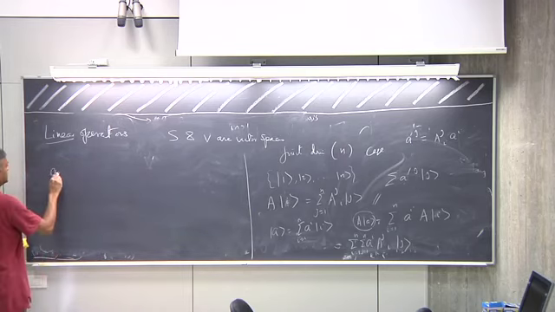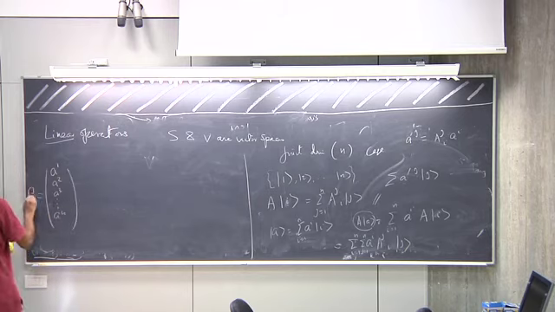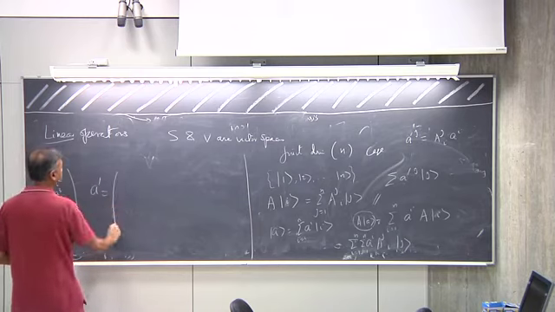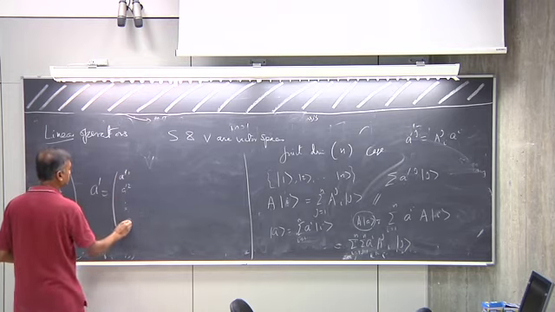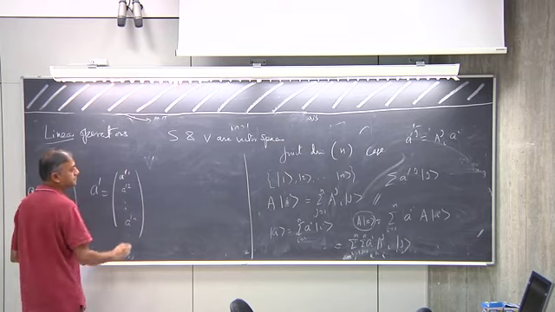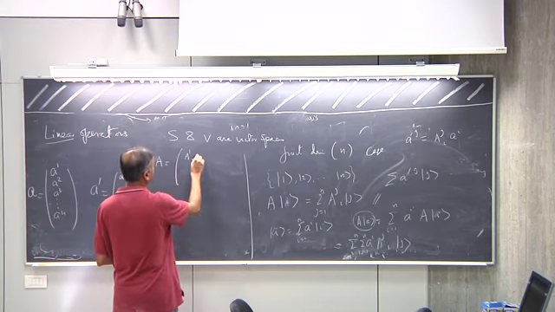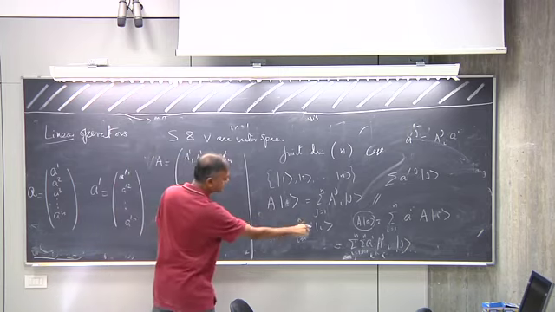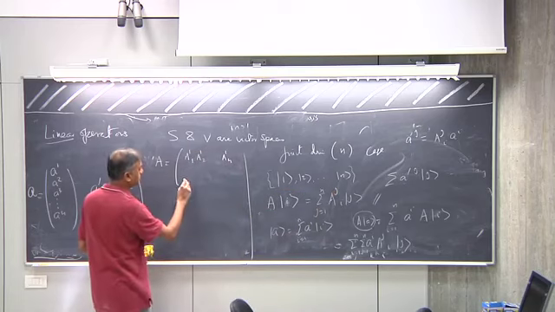So let me arrange these things as a column vector A1, A2, A3, up to AN. Call this column vector A. Similarly, A prime is A1 prime, A2 prime, up to AN prime, and write A as this matrix: A11, A12, up to A1n. You see, I'm taking the upper index as the row, and the lower index as the column.